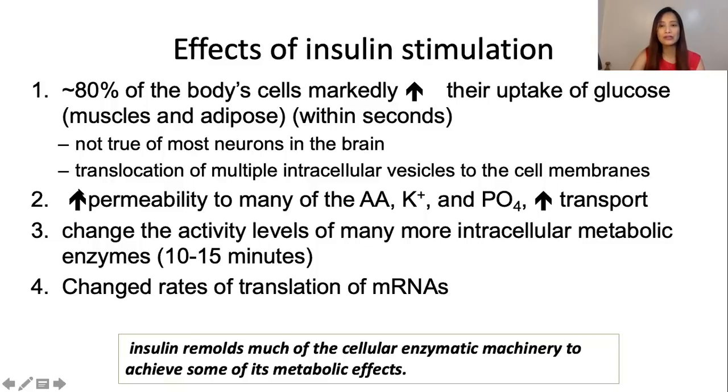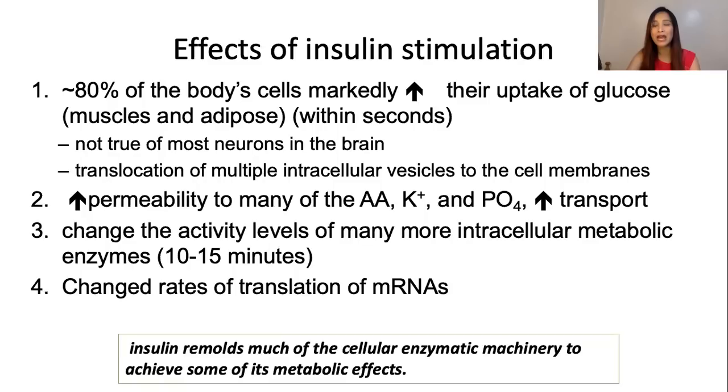Insulin also results in translocation of multiple intracellular vesicles to the cell membranes. Aside from uptake of glucose, it also increases permeability to amino acids so that there will be building blocks for protein synthesis. It also increases uptake of potassium into the cells.